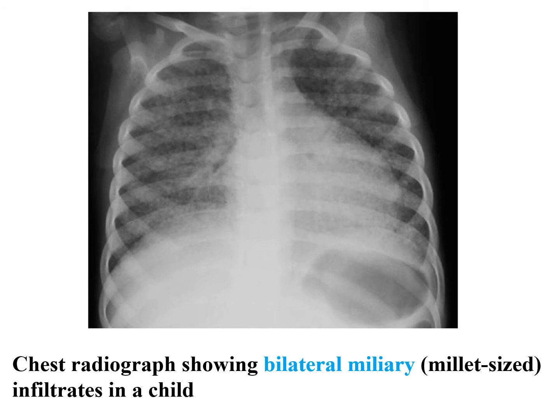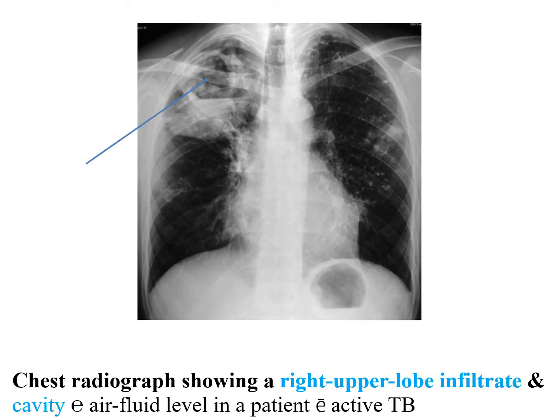This is, as you see, a chest X-ray showing bilateral miliary, millet-sized infiltrates in a child, so bilateral miliary TB. This shows, with the blue arrow, a right upper lobe infiltrate and cavity with air-fluid level in a patient with active TB.